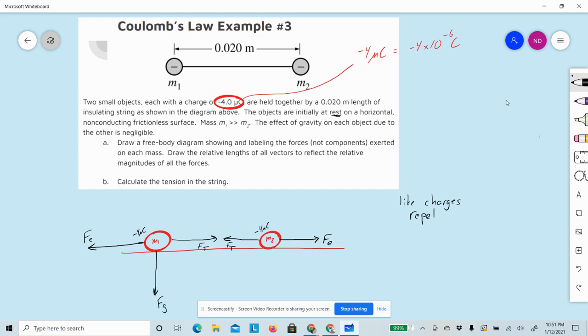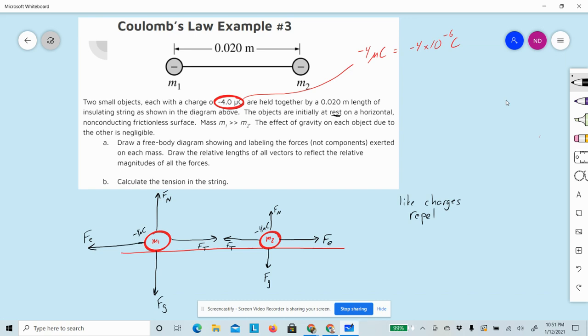They tell you that M1 has a mass that's considerably larger than the mass of the second object. So the table is going to be pushing up as well. Force normal. All right, draw a free body diagram, label the forces, not components.